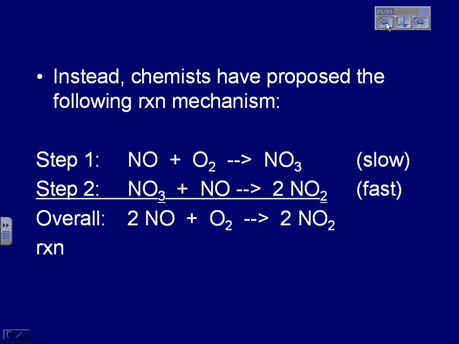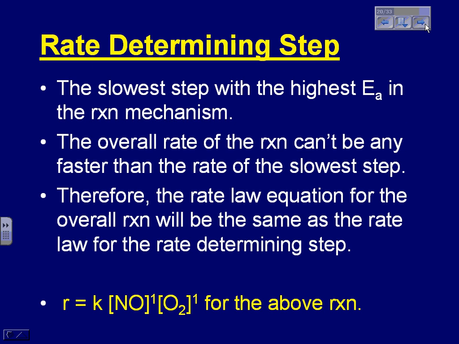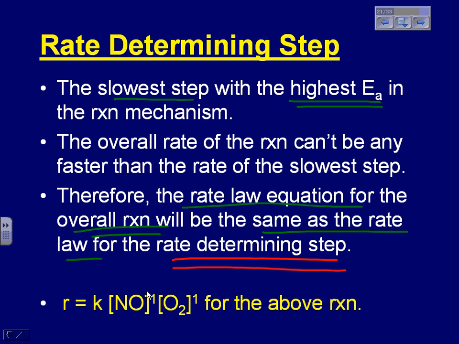So you'll notice I've got NO, O2, slowest step. Both of these have a coefficient of 1 and 1. That means if I go to the rate law right here, I will have a rate law of NO with an exponent 1 and O2 with an exponent 1.